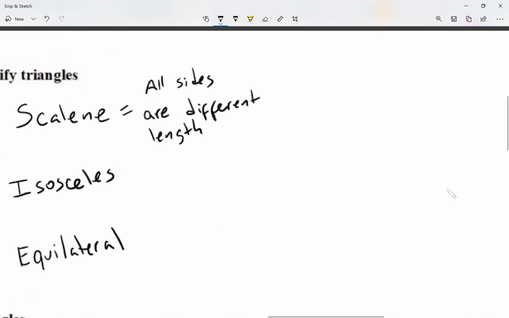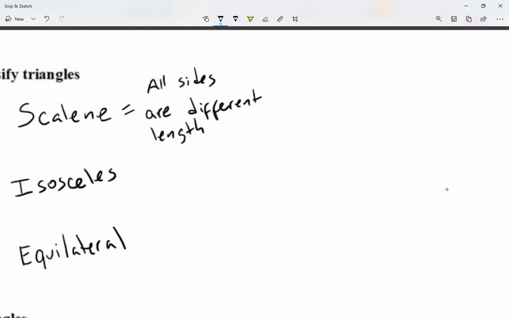What do you mean with that, Mr. Dunn? Can you give me an example? Sure. Let's say I have a triangle here, not drawn to scale, so don't come and measure it. But let's say one measurement is 5, the other measurement is 6, and the third measurement is 10. It has three sides, but all three sides are different length. That's what a scalene triangle is.